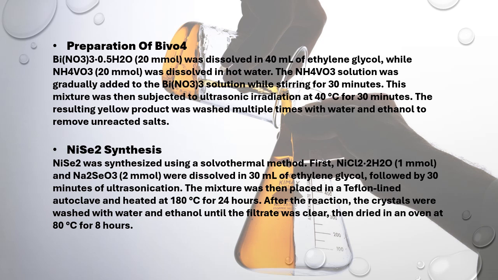The mixture was then transferred to a Teflon-lined autoclave and heated for 24 hours at a temperature of 180 degrees. After the reaction, the crystals were washed with water and ethanol until the filtrate was clear, and then dried for 8 hours at a temperature of 80 degrees Celsius.